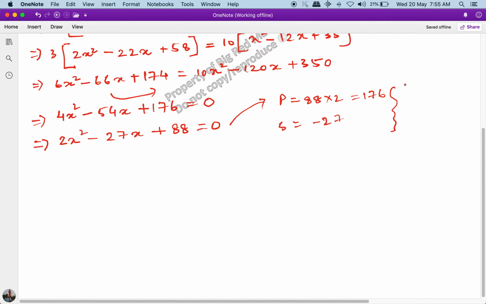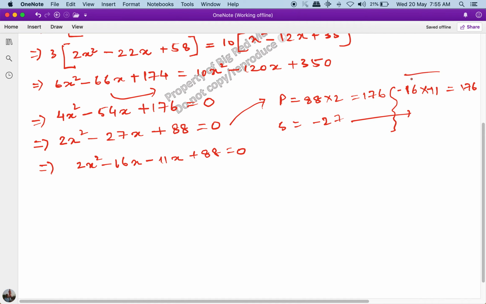This is very simple because I know the table of 16. It is 16 into 11, which is 176, and if I use a minus 16 and a minus 11, it will be minus 27. So I'll break it down exactly in that format, which is 2x square minus 16x minus 11x plus 88 equal to 0.